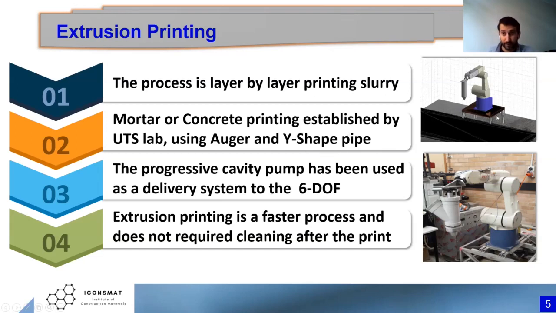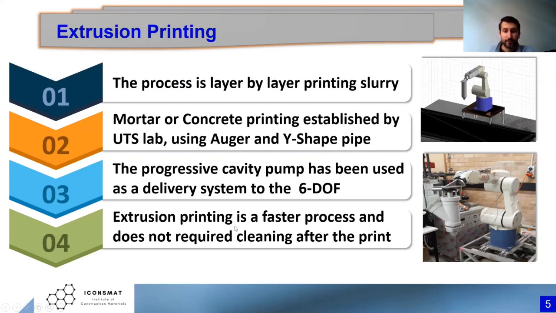This is the first procedure that we did. Later we changed it by designing the nozzle, and we prepared a pump as well, a cavity pump, and we started printing with this sort of pump.